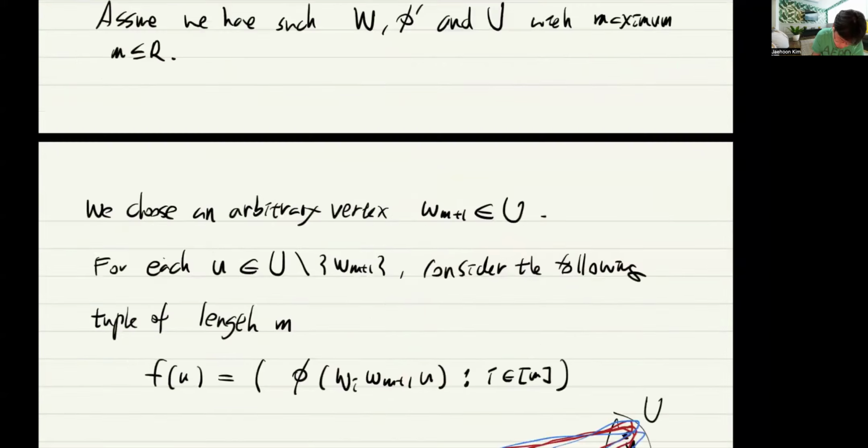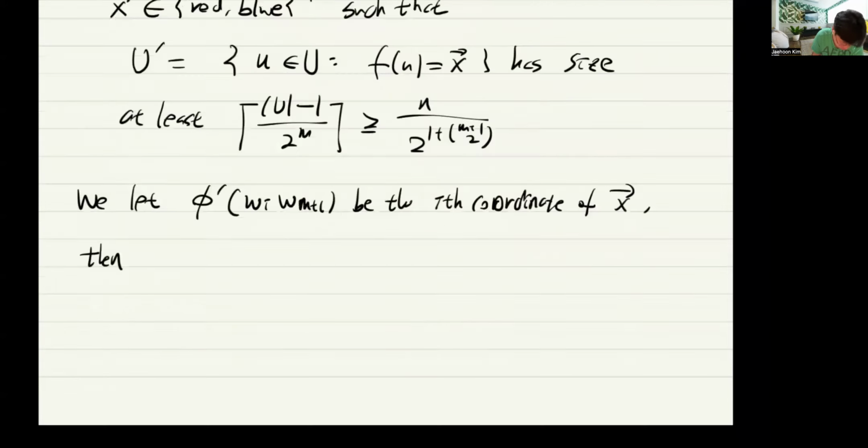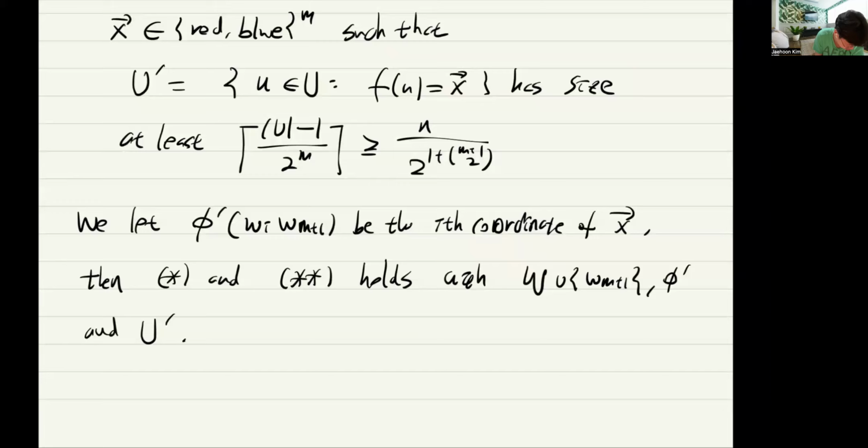Then these two bullet points, star and star star, hold with this choice of w and pi prime and U prime.